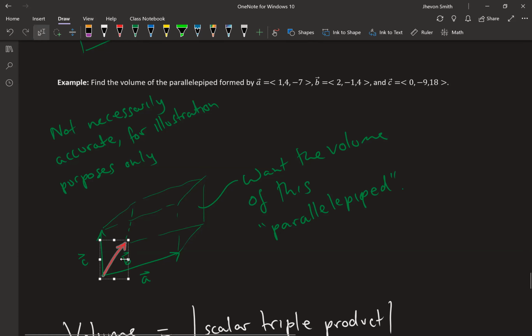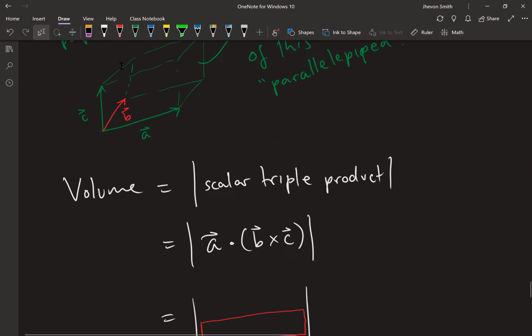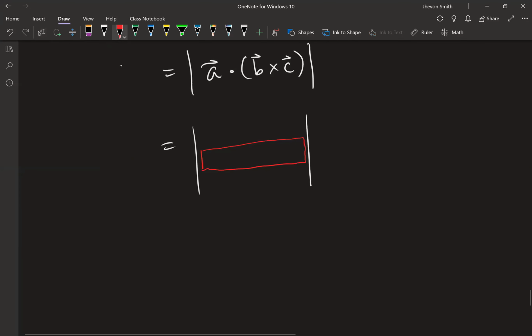Make this red. B is the red. I'm going to put that in the second row. A is the green. That goes into the top row.